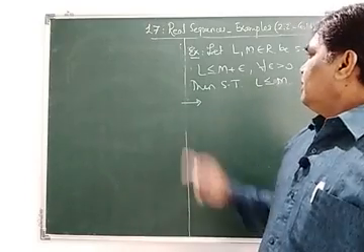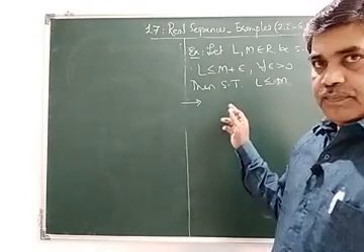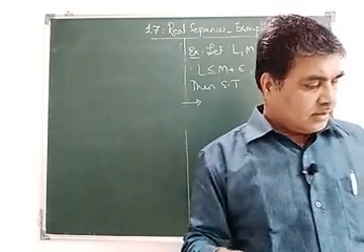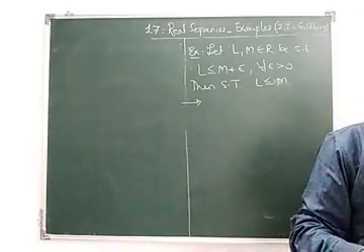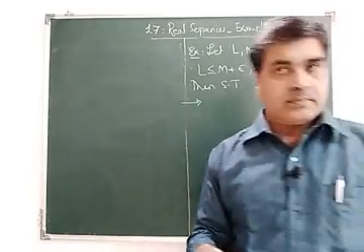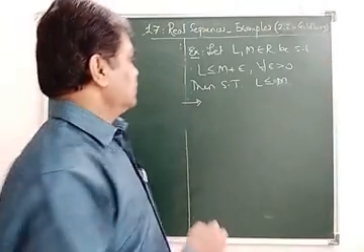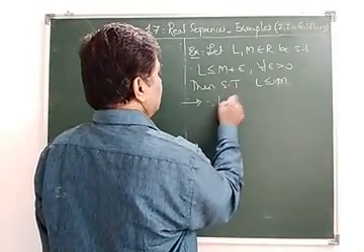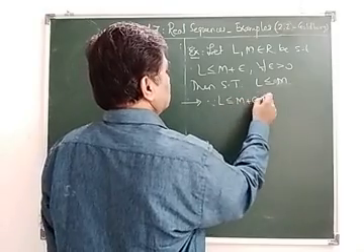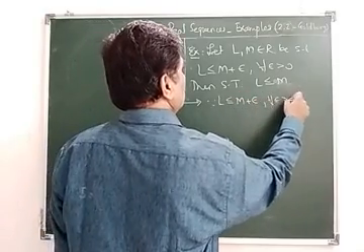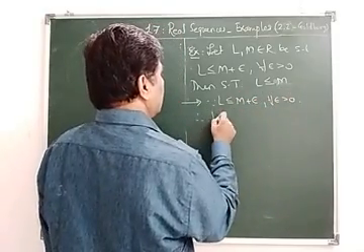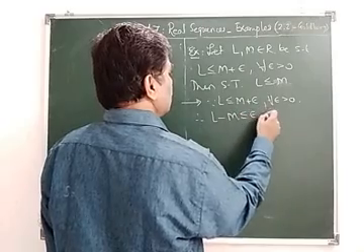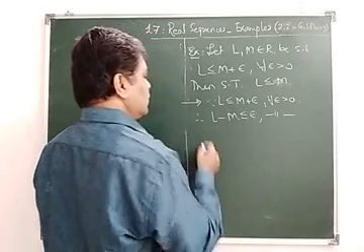Now we have given L is less than or equal to M plus epsilon. What that implies is, since L is less than or equal to M plus epsilon for every epsilon greater than 0, therefore L minus M is less than or equal to epsilon for every epsilon greater than 0.